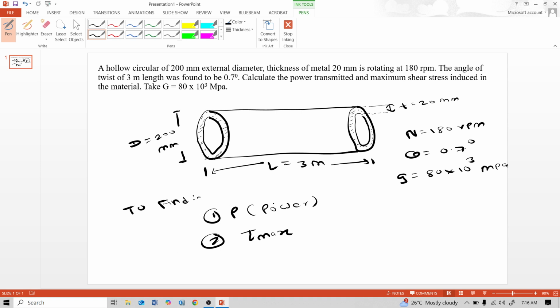For solving this numerical, first we have to find the inner diameter, second the polar moment of inertia, third the power transmitted, and fourth the maximum shear stress.